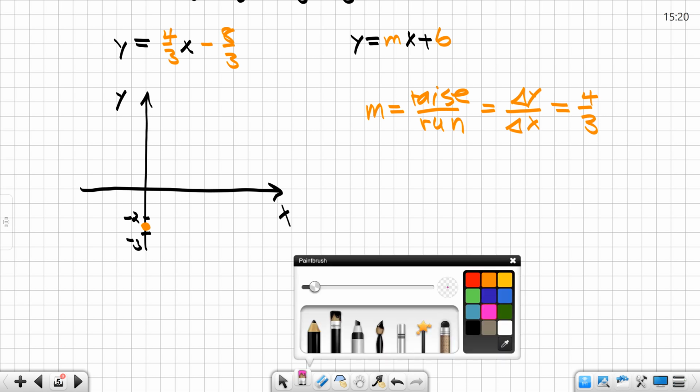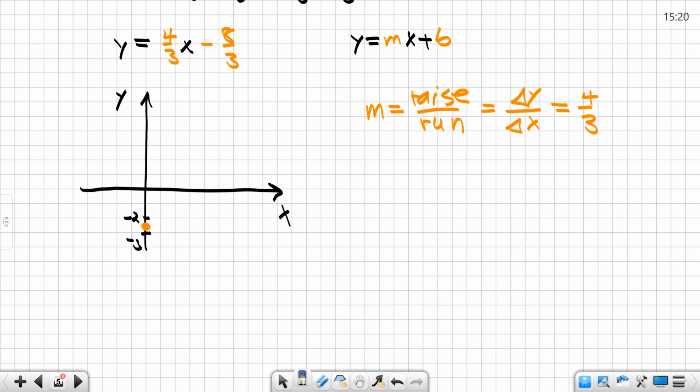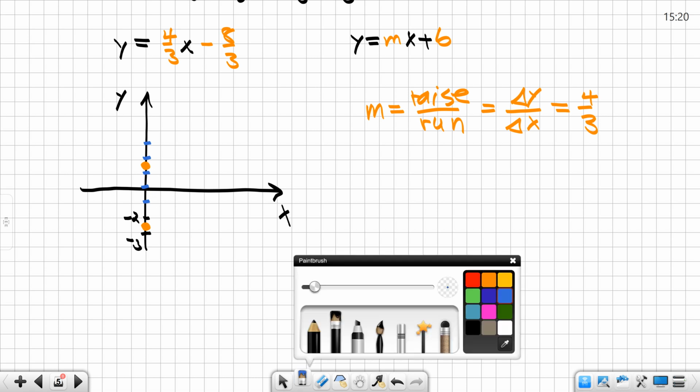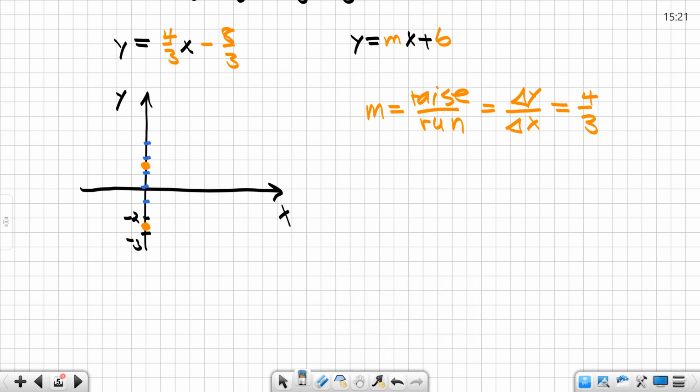So what you are doing right now, you are just counting off. How many do I have to move up? I move 1, 2, 3, 4 up. This distance right here, now that we counted off, is exactly 4.